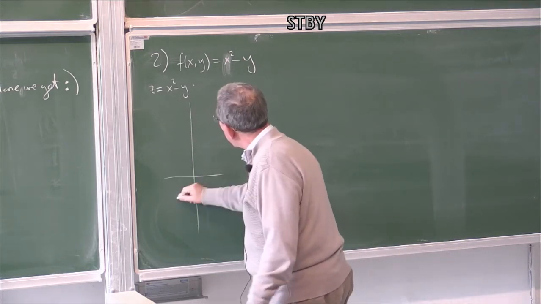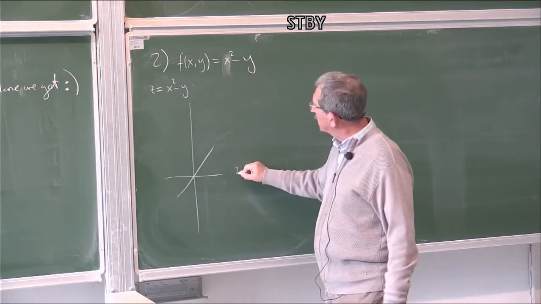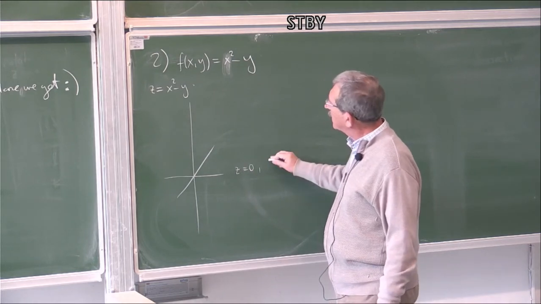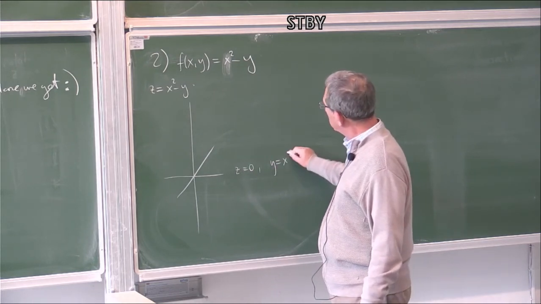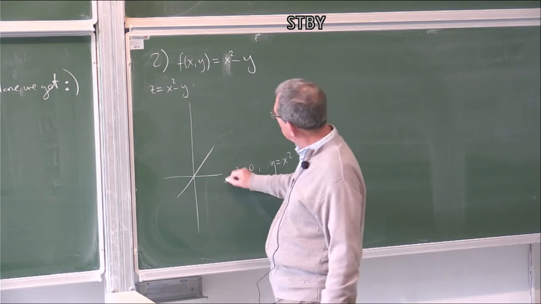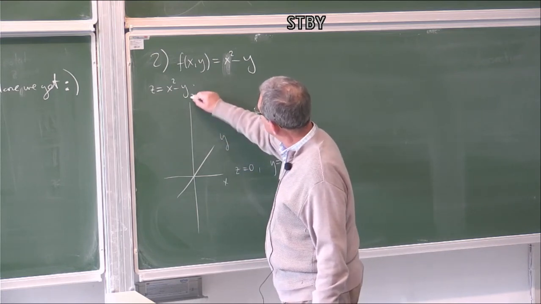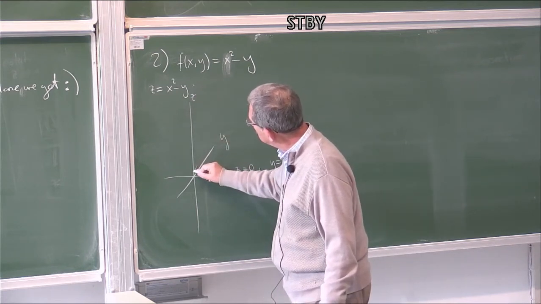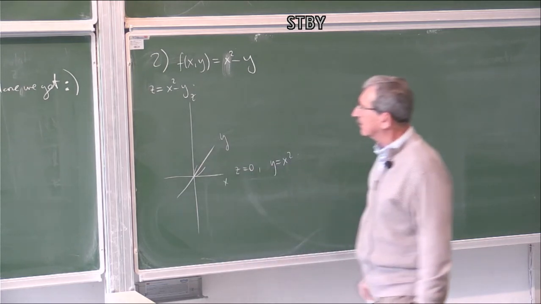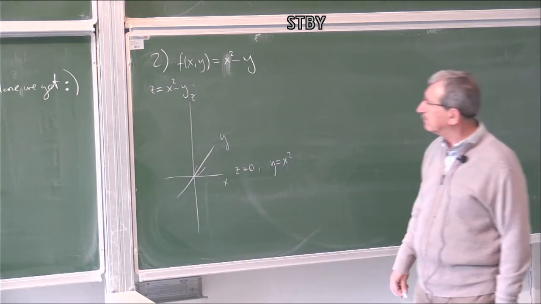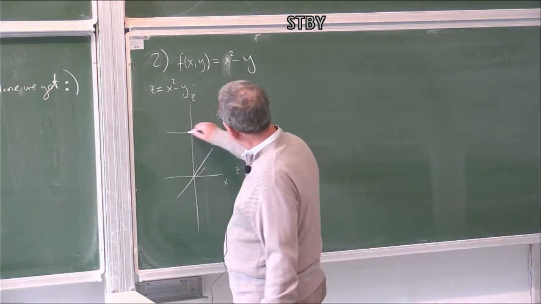Well, what we have, of course, when z is 0, is y is x squared. So it is something like this. It's a parabola. Well, let us go a little bit higher.